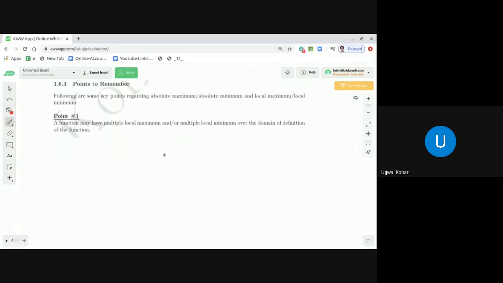Following are some key points regarding absolute maximum, absolute minimum, and local maximum, local minimum. Point number 1. A function may have multiple local maxima or multiple local minima over the domain of definition of the function. How? Let me show you by means of an example. Let me first draw the coordinate axis.